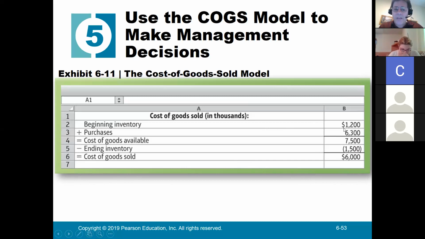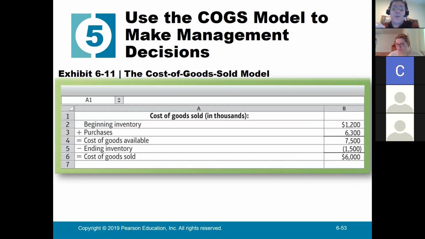So you start with beginning inventory, add purchases or net purchases, and that equals your cost of goods available. That's what you could sell. If you sold everything, that's what you have available. So you add those two together. You could sell what you had when you started.